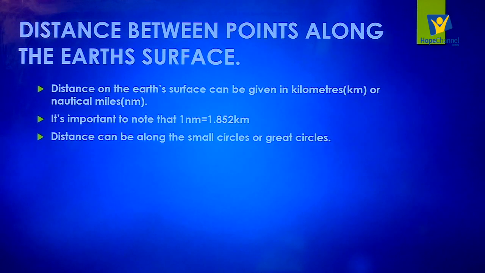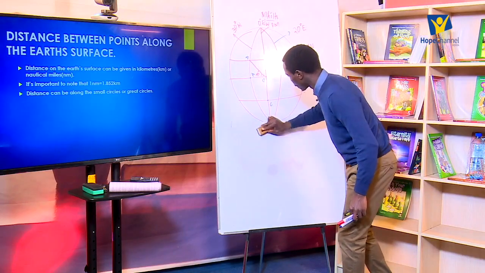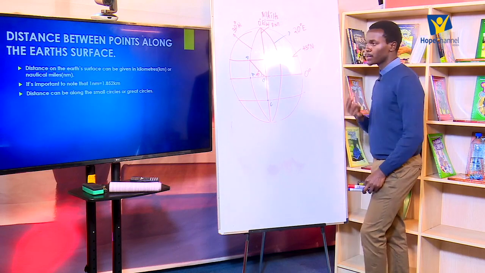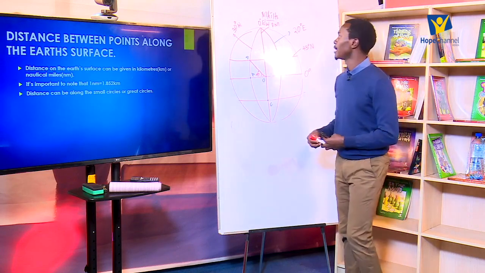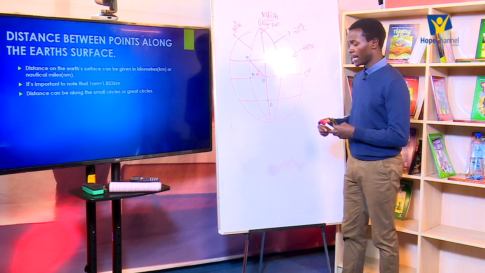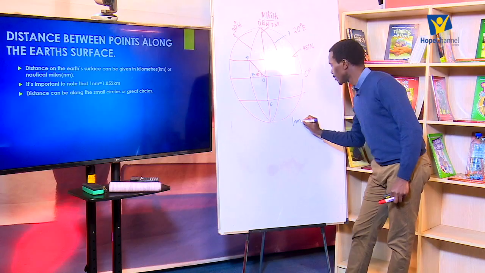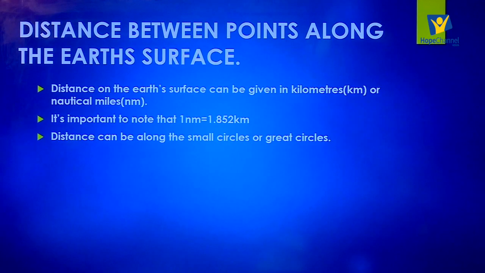Now, we're moving on to calculation of distance on the Earth's surface, and it can be done in two ways. It can be along the small circles or along the great circles. And I have said that 1 nautical mile is 1.852 kilometers.